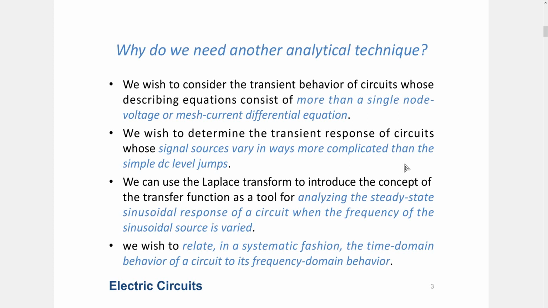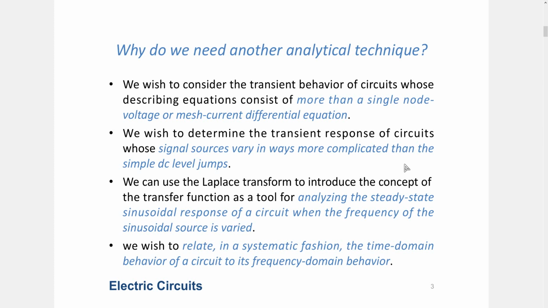We also would like to determine the transient response of circuits whose signal sources may vary. For instance, what happens if I apply a sinusoidal signal to the inputs of the circuit? What kind of response will I get? As we have learned in the sinusoidal steady state topic, for certain kinds of signals, it's possible to solve these time domain integral differential equations.